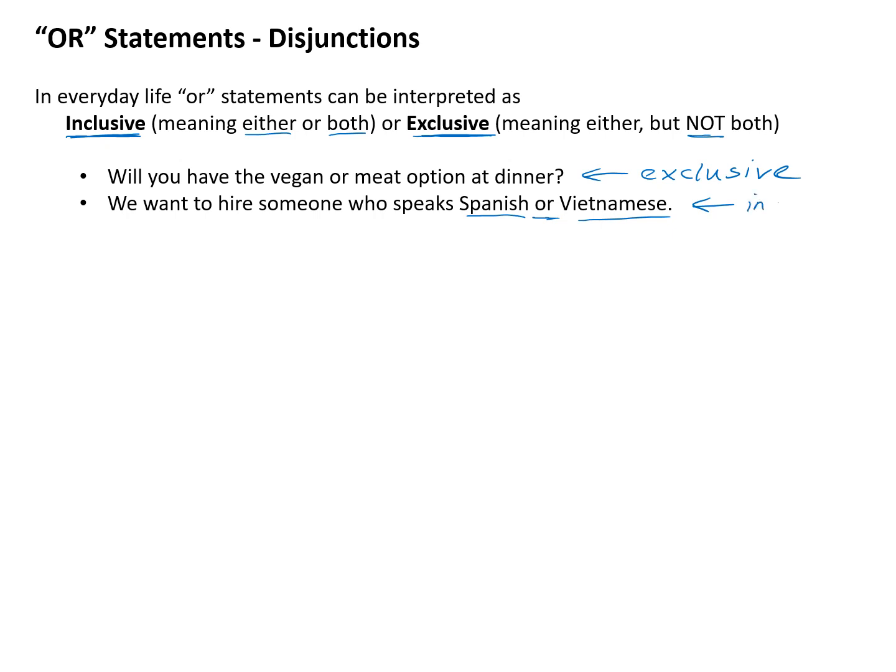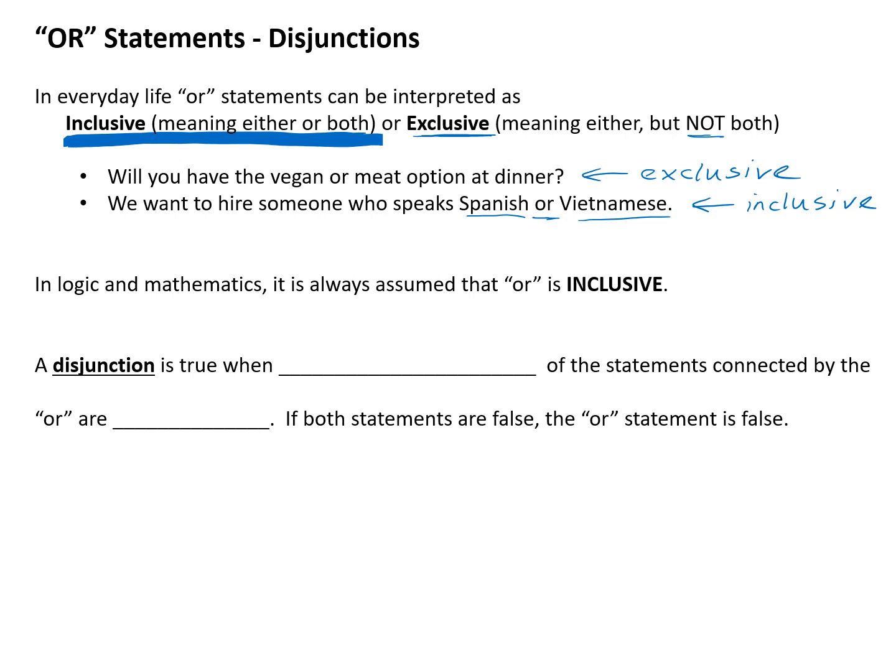So this is a situation where inclusive would be just fine with you, an inclusive or. So or can be exclusive or inclusive, but in mathematics, we always think of or as being inclusive.